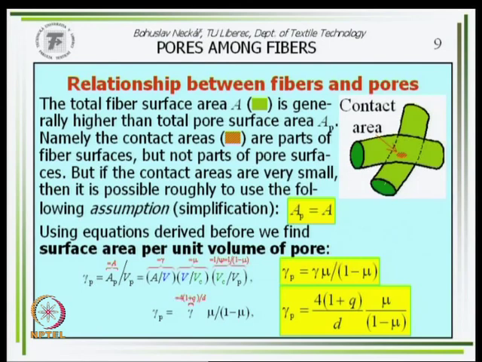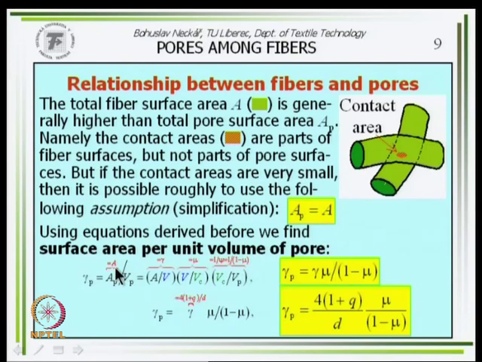But if these contact places are not too large, are limited to points, with no too compressed fibrous material and so on, we can use our starting idea as an assumption. So we will use that the total surface of fibers is equal to the total surface of pores. AP is equal to A. Then gamma P was AP by VP.